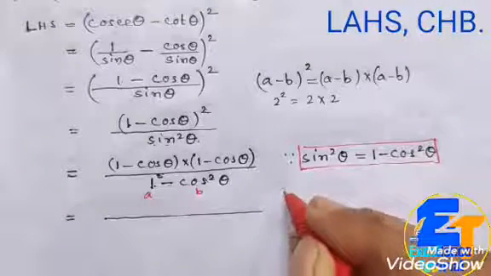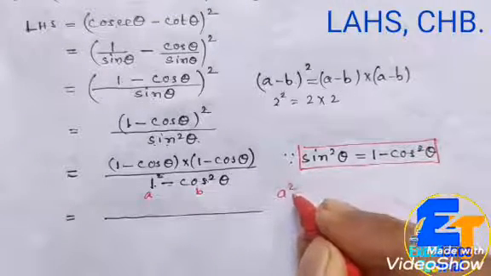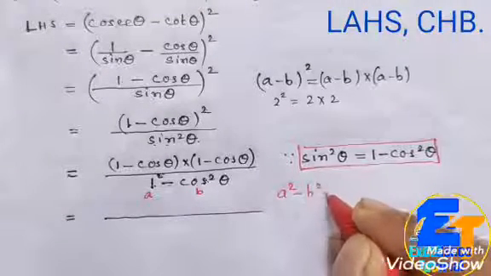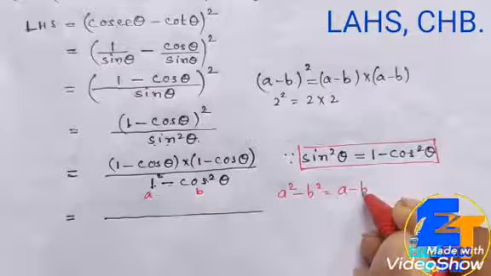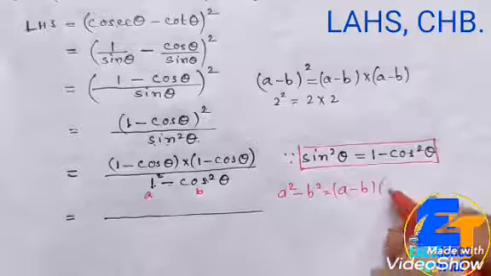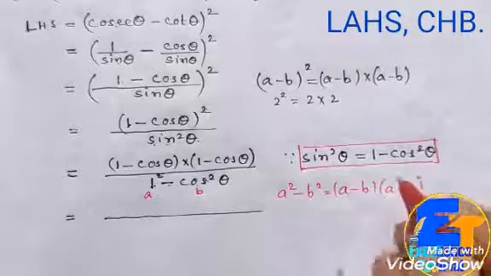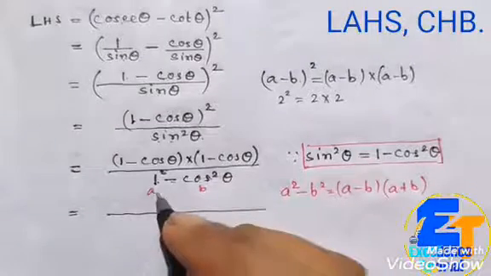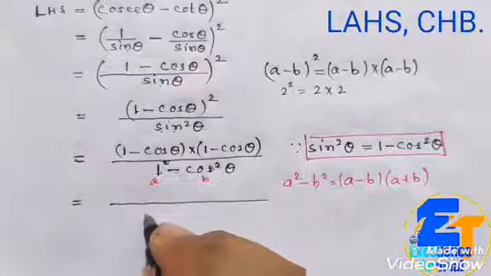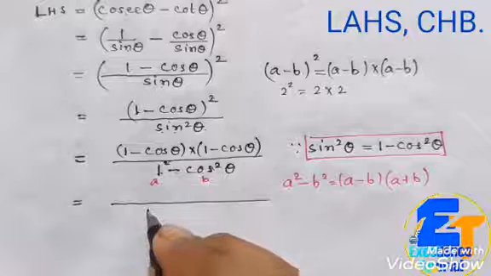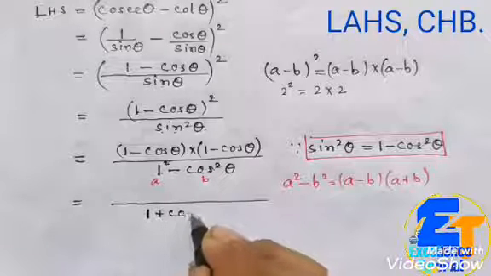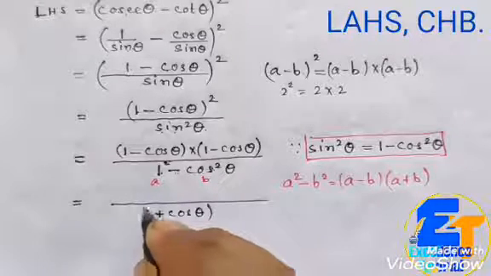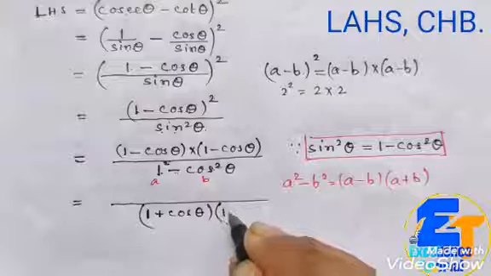So we are going to apply this algebraic identity, a square minus b square equals a minus b, a plus b. Our a term is 1, a plus b, a minus b.